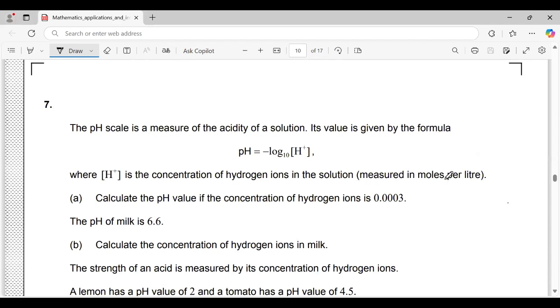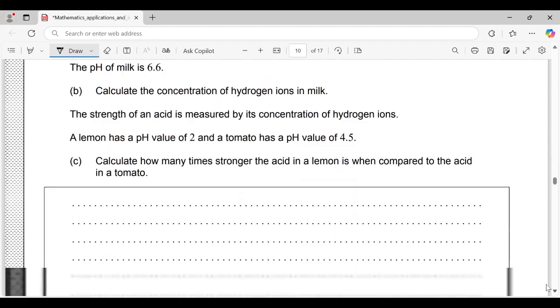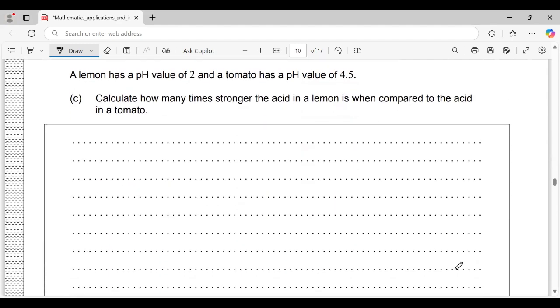It is measured in moles per liter. So these are the units. Calculate the pH value if the concentration of hydrogen ions is 0.003.